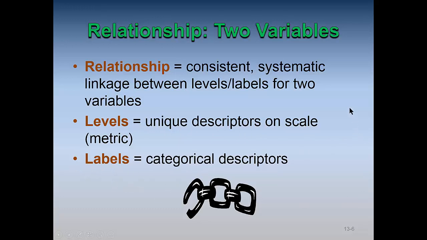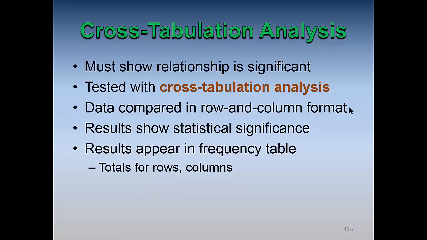So that's another thing that's important to think about. And so for example, we're going to use the cross-tabulation analysis. What that means is that we can compare data in row and column format, and then we'll look at the results in the frequency table. And I'll show you an example very soon.